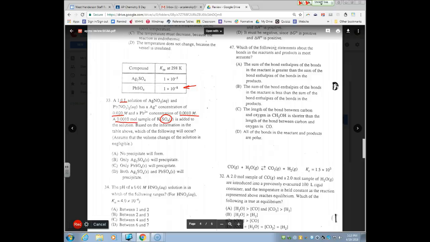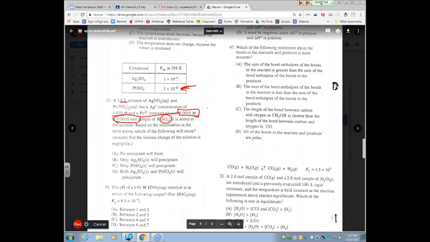The key to this problem is knowing that the one that is the least soluble will precipitate first. So what's going to happen, since this one has a lower KSP, is that these sulfates are going to bond with the lead and create the lead sulfate precipitate. And then because of these amounts right here, we can see that all the sulfate ions are going to be used up because they're the same.